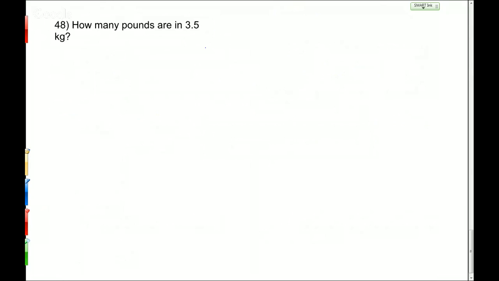We're starting with kilograms because that's the number we're given, and we ultimately want to go to pounds. But the kilograms to pounds conversion is not one of the numbers that you have to know on Blackboard.